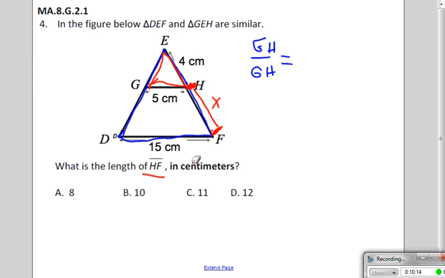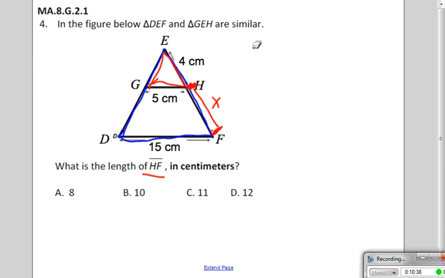The other pair that we should use is the entire right side, because EH was the right side of the small triangle. So the right side of the large triangle was EF, and the base of the large triangle was DF. So again, if I think about this from beginning to end, it's a little messy.